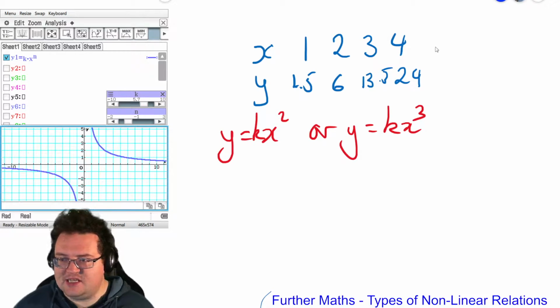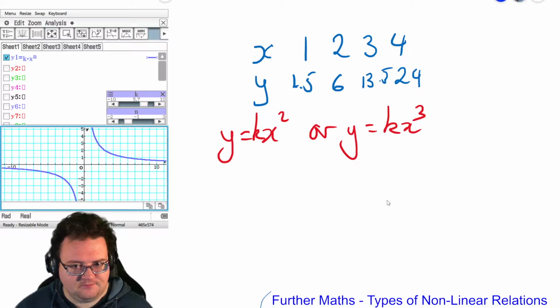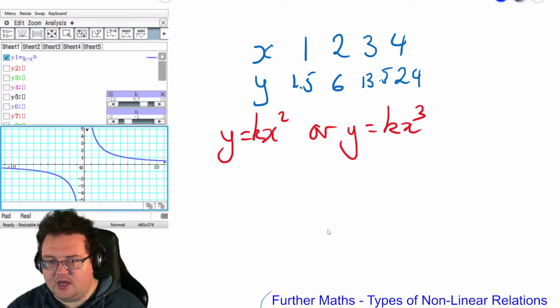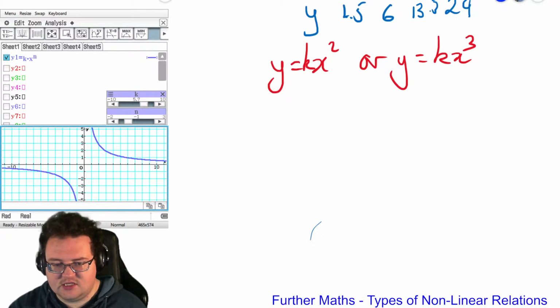So does this relationship look more like a kx squared or a kx cubed? And the way we do that is, first of all, we start by plotting the points determined by the table.